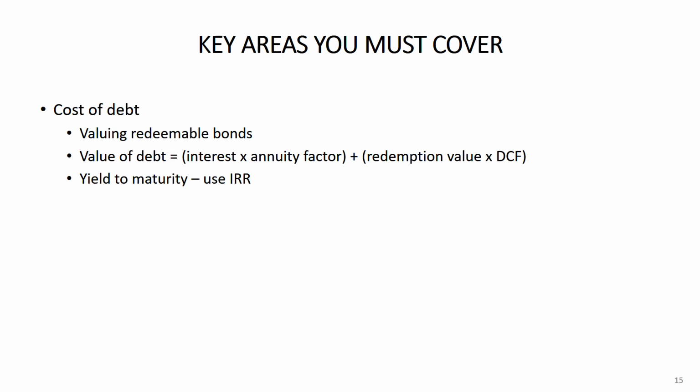Add yield to maturity. Use IRR. You should know how to use IRR. Use that method to find yield to maturity. Now you must be asking why you have to do that.